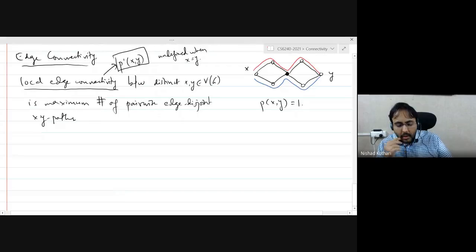Okay, and now we can define edge connectivity in exactly the same way as we defined vertex connectivity, right?